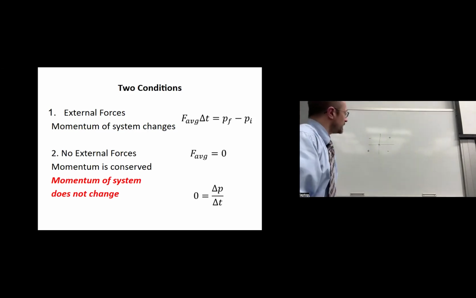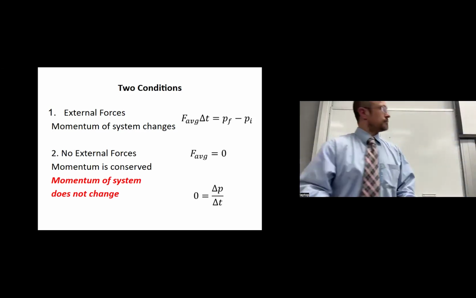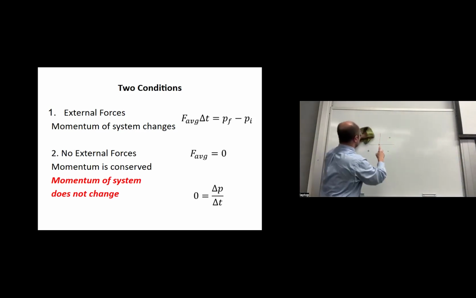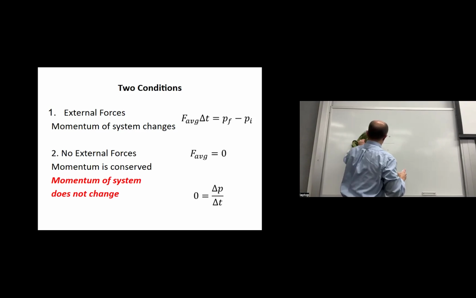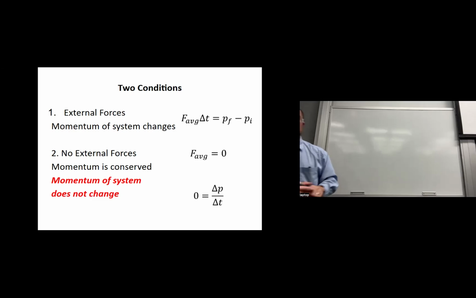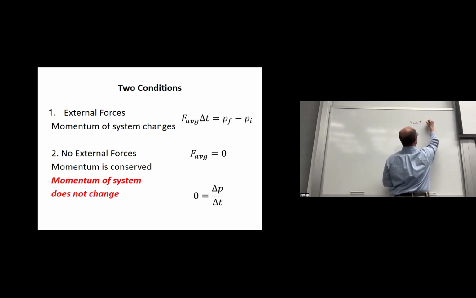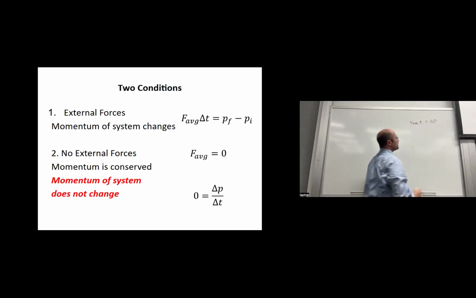So one of the things that we had mentioned was that we had this impulse momentum theorem. And in it, we said the following thing: that the average force times the time is equal to the change in momentum of the object.